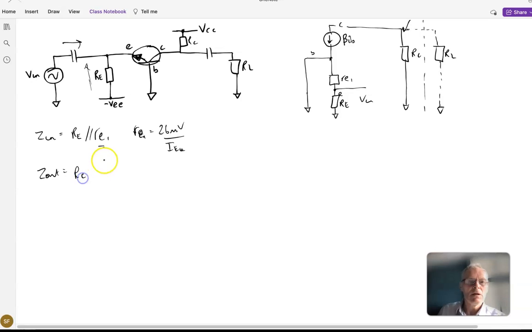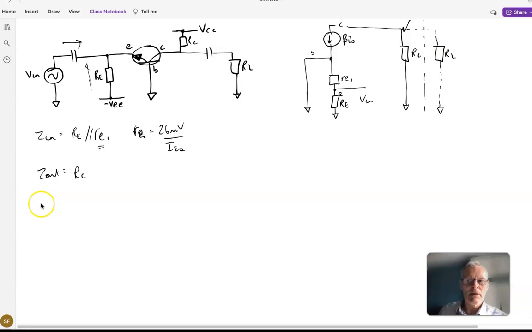So depending on the choice of RC, we can end up with our system having a very low input impedance proportional to this RE1 and a very high output impedance proportional to this RC, which makes it really good for matching super low impedance sources with high impedance loads. So audio, RF type frequency applications. You'll notice though that the RL is going to end up in parallel with RC.